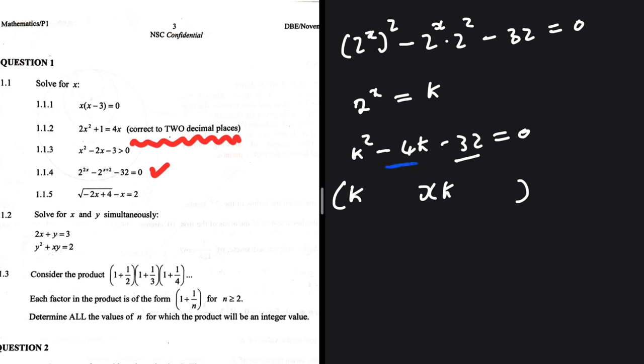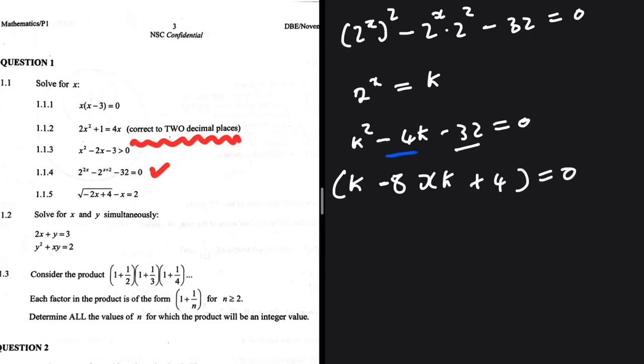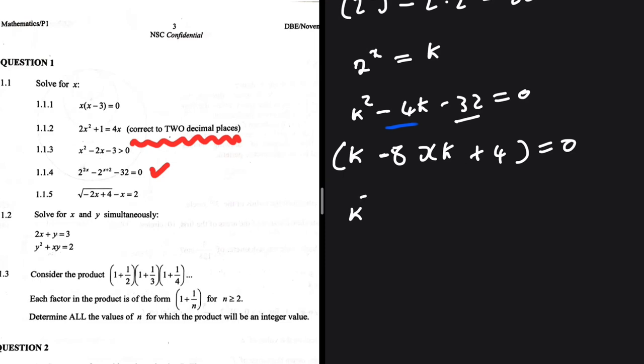I think minus 8 and plus 4 would work. Let's give this a try and see. This would give us k squared plus 4k minus 8k, minus 32. So k squared minus 4k minus 32.